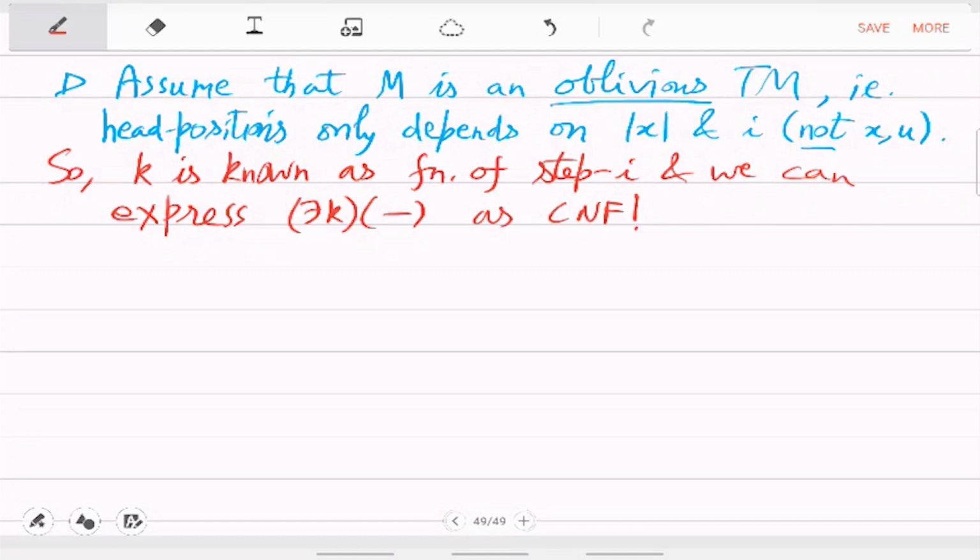The only point here was that while capturing this, one needs this k prime and k, which are the head positions. How will you find out the head position in the middle of the computation?